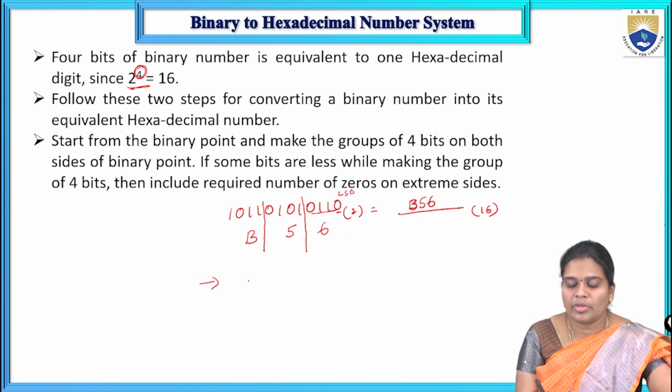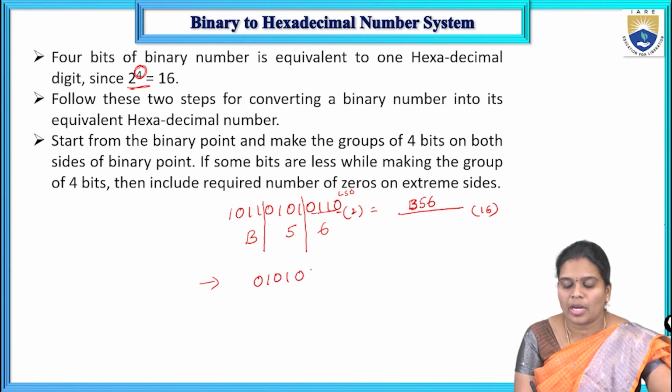Next example: so far we are taking only integer values. Now we are taking fractional values also. At the point, on the left side and the right side, we are separating 4 bits to form one group. Okay, this 4 bits and this 4 bits.